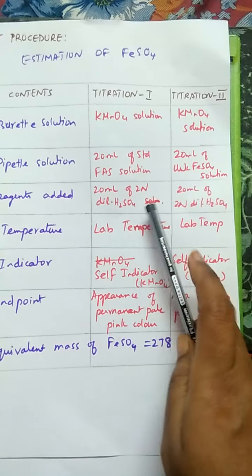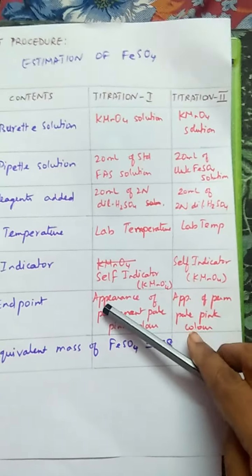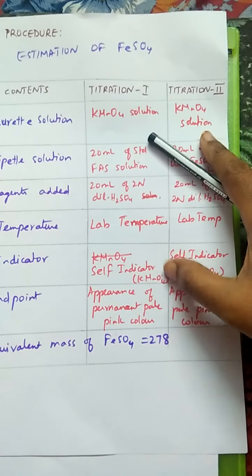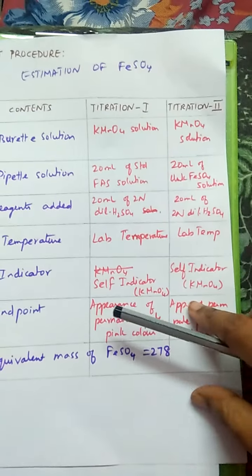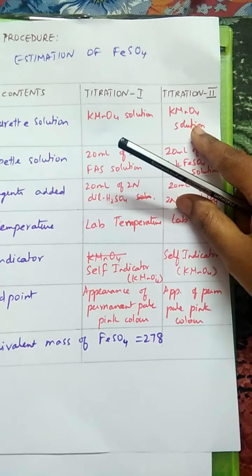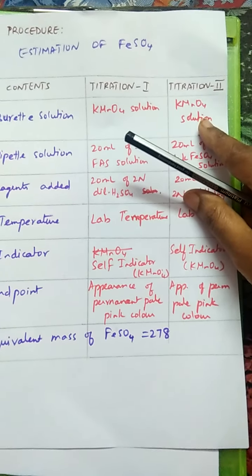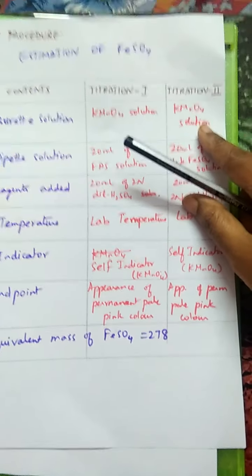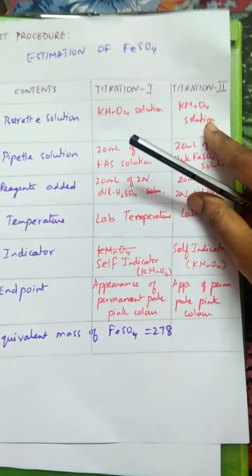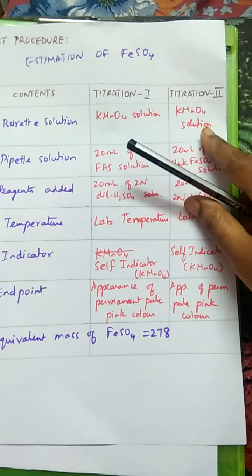Indicator: the KMnO4 itself is pink in color. The endpoint is going to be the appearance of permanent pink color. So KMnO4 is going to act as a self-indicator. So what is the endpoint? You have to keep on adding the burette solution to the contents in the conical flask till the pink color appears. When the pink color starts appearing, at that moment you have to stop titrating and note down the burette reading.